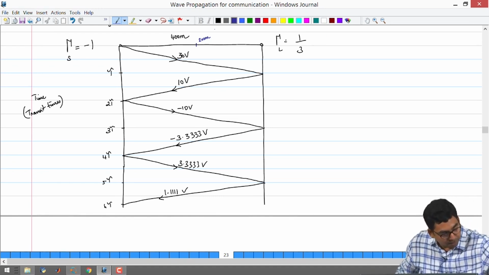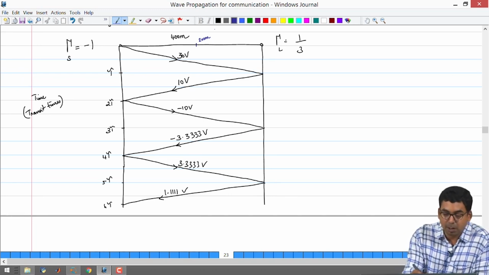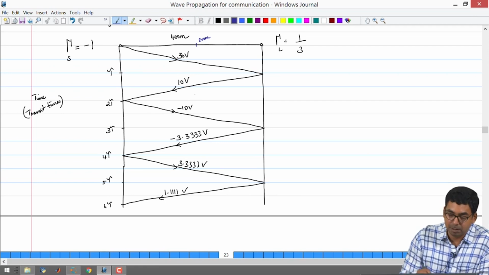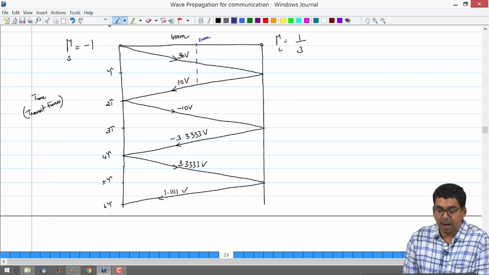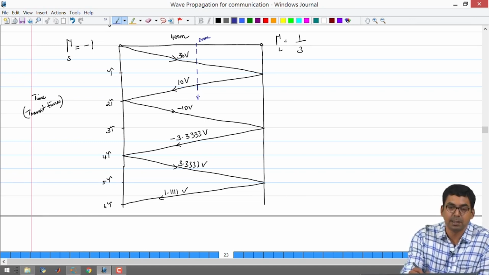So you can start with a scenario where you have 200 meters, and after 2 transit times from the time your voltage was launched to the left hand side. All you need to do is draw a line going from top to bottom like this. And as you go down, you simply add the voltages that you are going to be encountering.